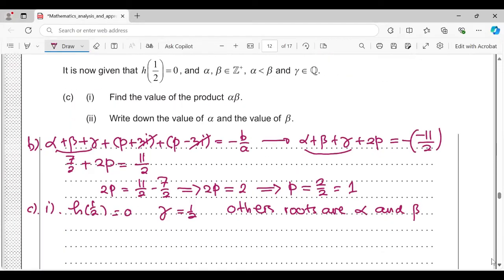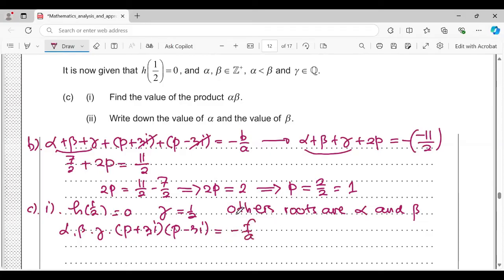According to Vieta's theorem, all the roots multiplied, alpha times beta times gamma times p plus 3i times p minus 3i, equals minus f over a.